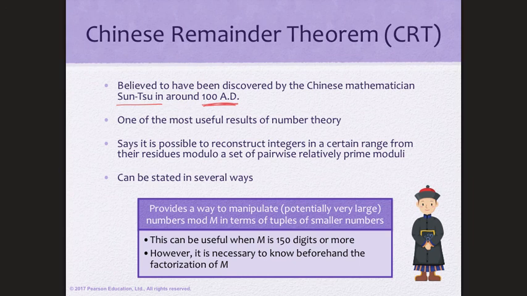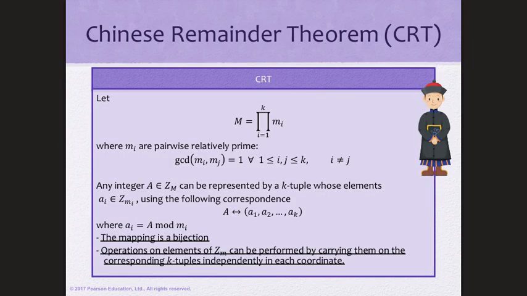We call them tuples. Each one of them is modulo one of the factors of the m. So it allows us to work on smaller modular arithmetics, and the results that we get apply to a larger modulo arithmetic.